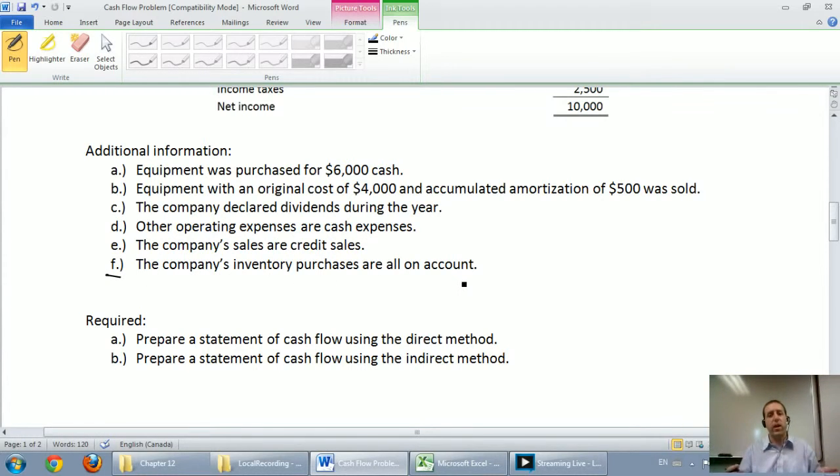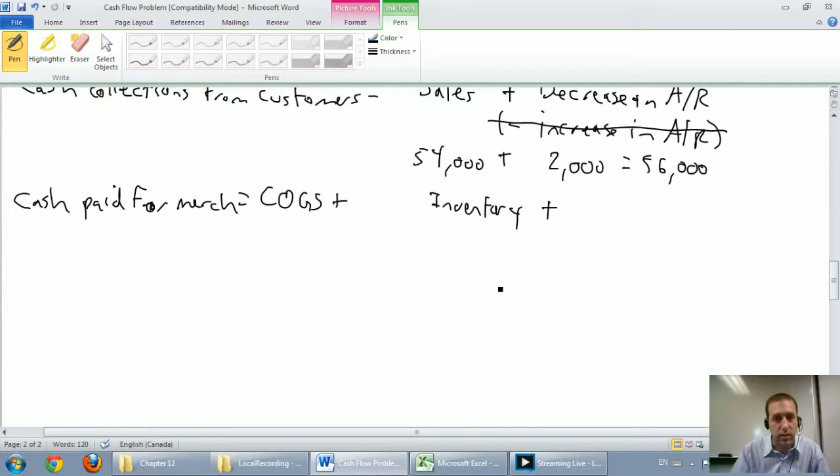So obviously the cash paid for merchandise has to run through accounts payable if we buy all of our inventory on account. Again, that's an assumption of this problem. It might not be true of all companies or all problems. So the formula: COGS plus increase in inventory plus decrease in accounts payable.